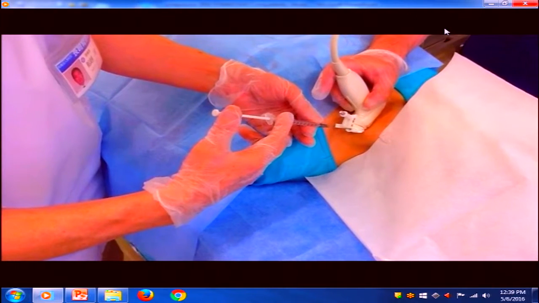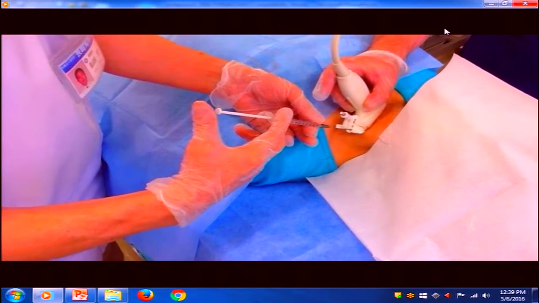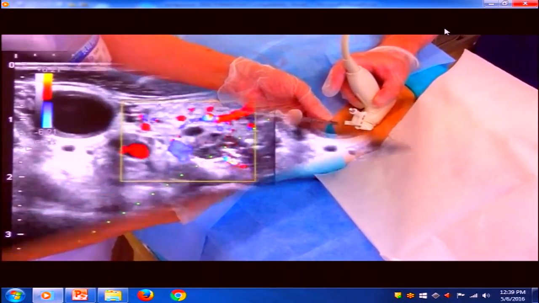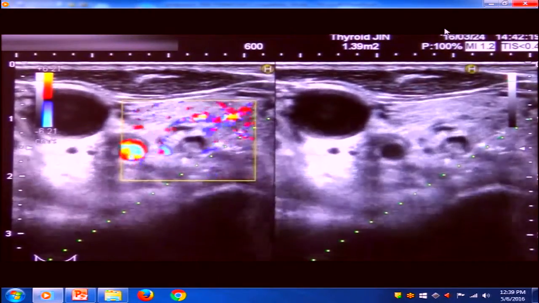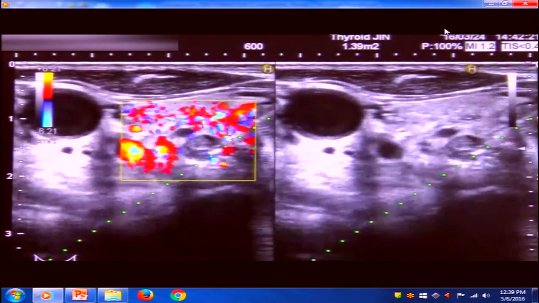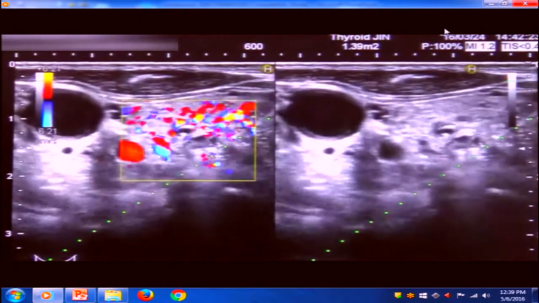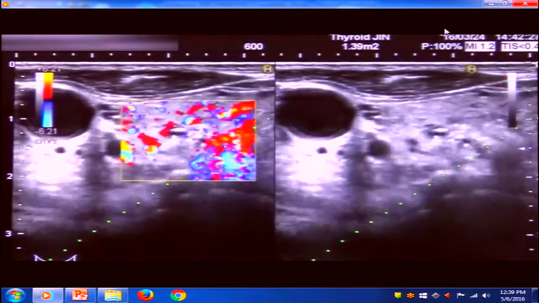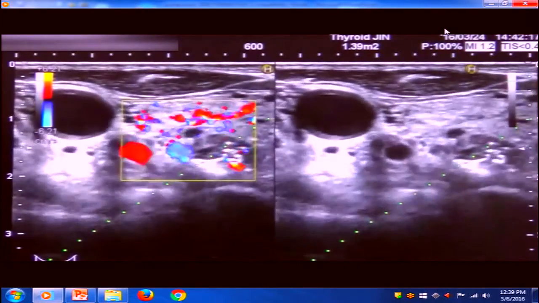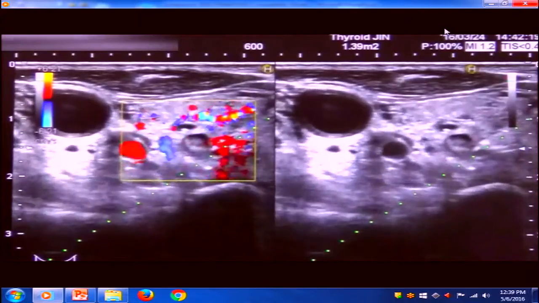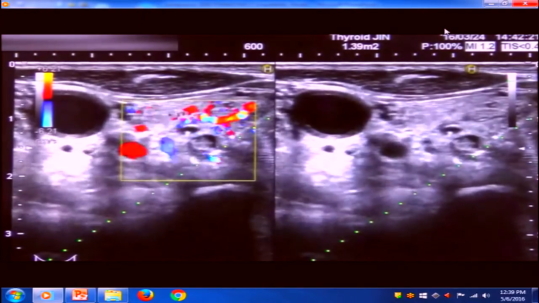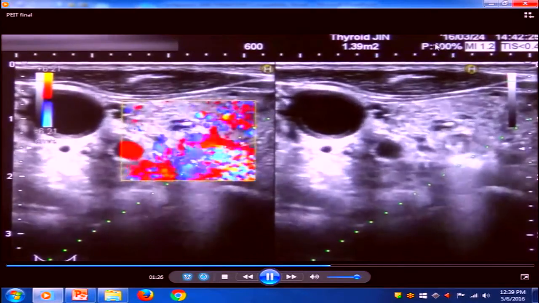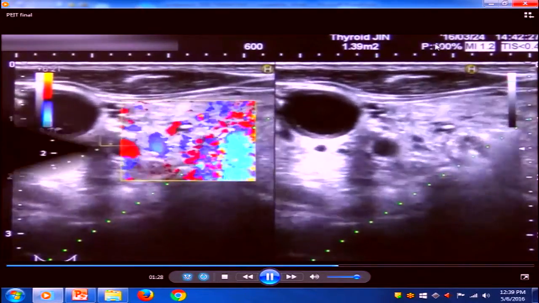The smaller dose, multiple injection is the safest way. This is not a good example. We want to approach from the top of the gland, because the laryngeal nerve is below the gland. But it's okay. We made sure it's inside of the capsule.